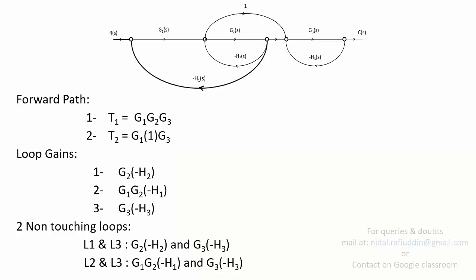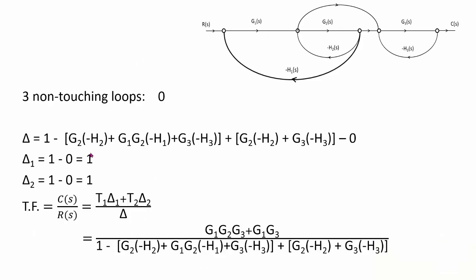Anybody has any doubt or any sort of feedback for this? Anyone can argue. Then I try to identify 3 non-touching loops. I see that there are no non-touching loops which are 3 in number.